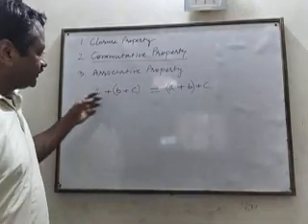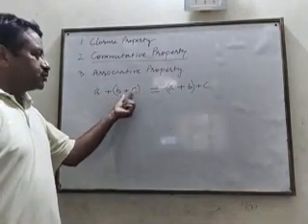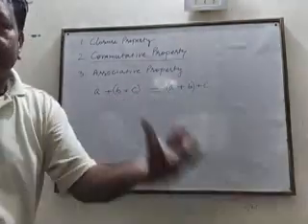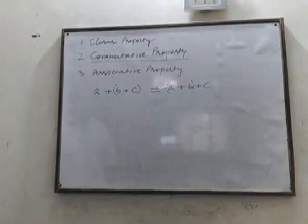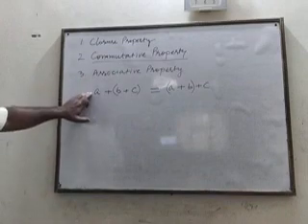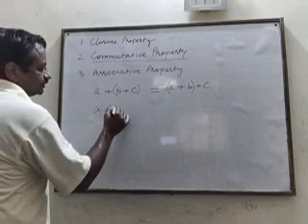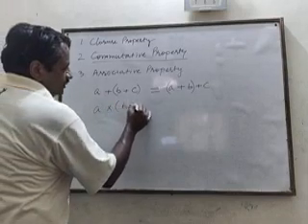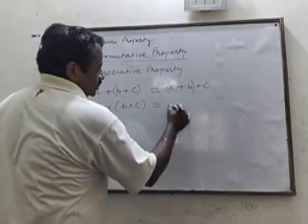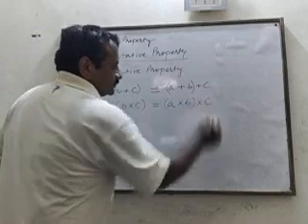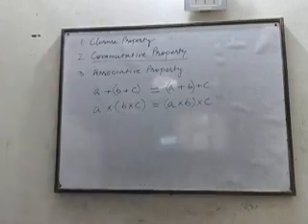So integers are associative under addition. Similarly, integers are associative under multiplication also.